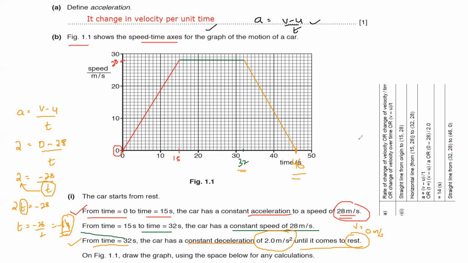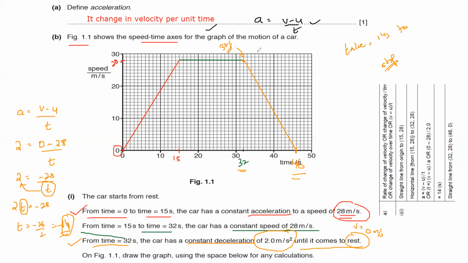That is how we complete a speed-time graph for the motion of this car, which first had a constant acceleration, then constant speed. Here the time is 14 seconds. So what does it mean? It means that it will take 14 seconds to stop. At this moment, when the car was moving with a constant speed, it is already 32 seconds.